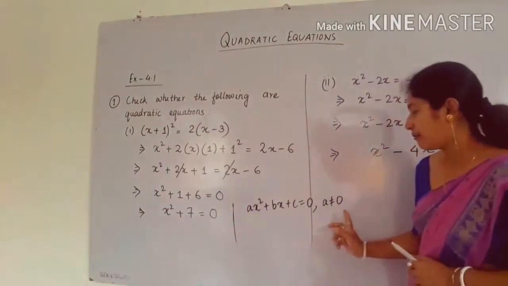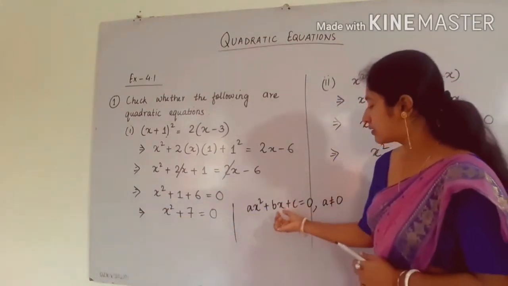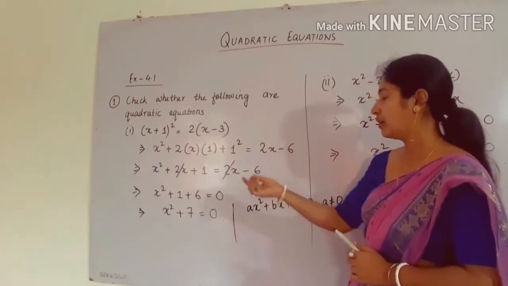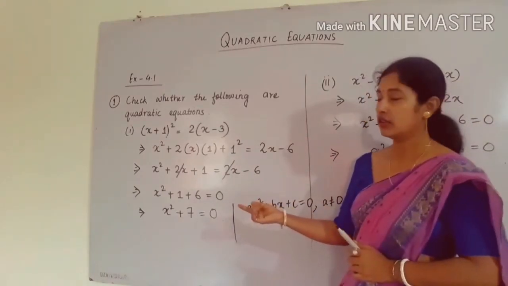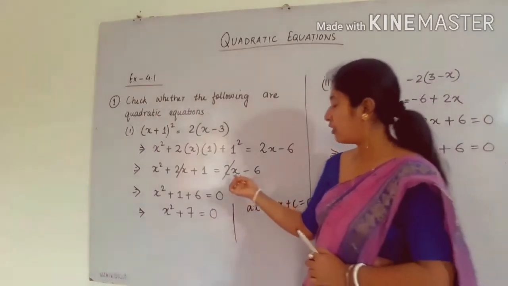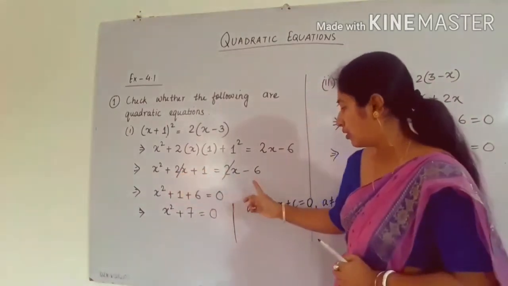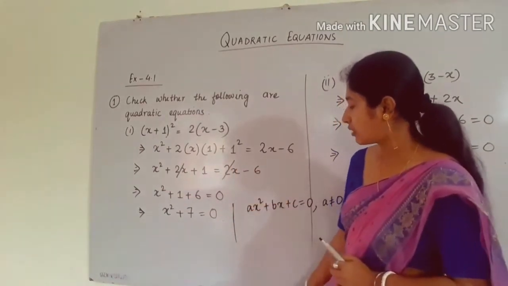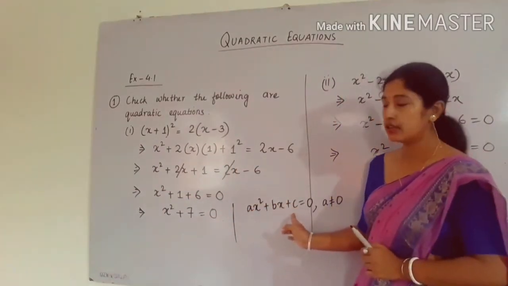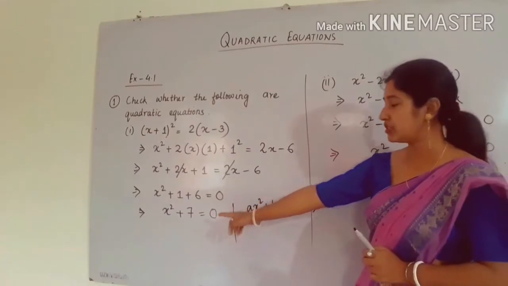This is satisfied. Next see, the next term is bx. So here the term of x is not present. Already it is cancelled out in our previous steps. So this is cancelled out, and next is what? C. C is there, that is constant term is there.